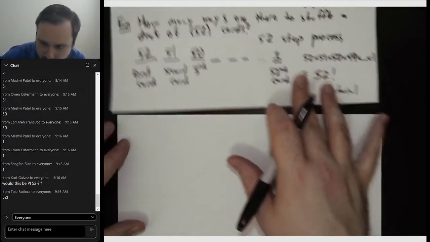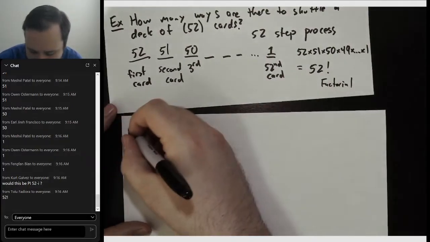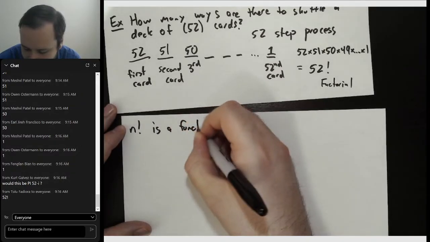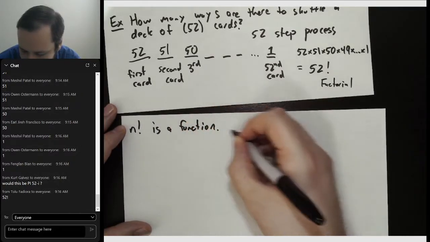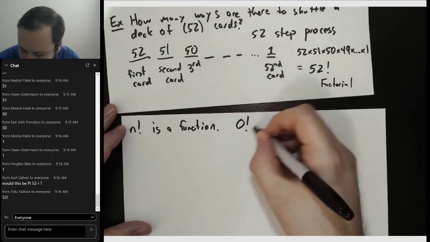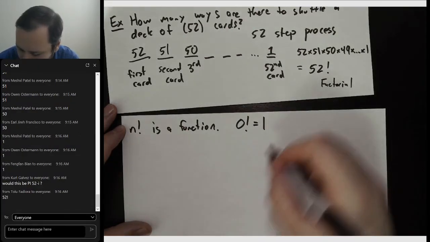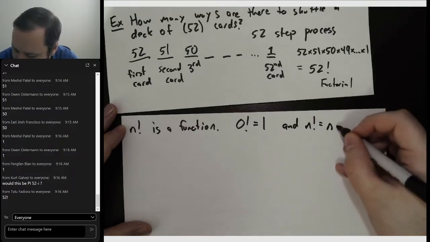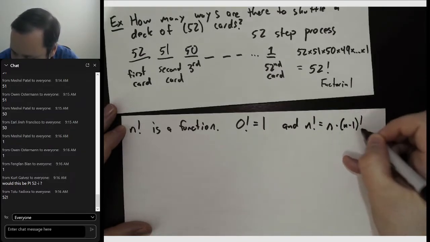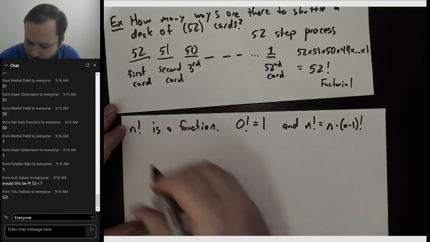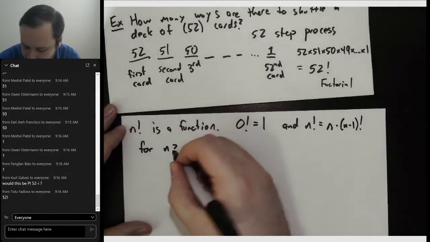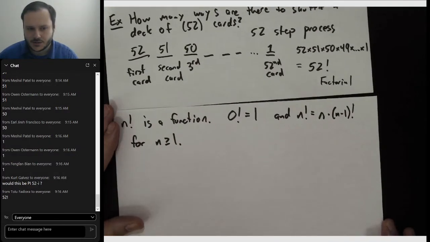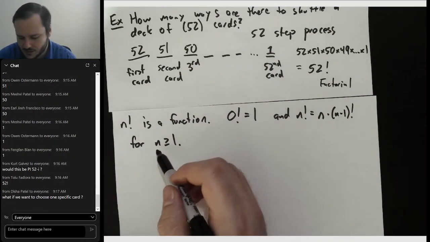We have n factorial is a function. 0 factorial is equal to 1. And n factorial is equal to n times n minus 1 factorial for n greater than or equal to 1. So this is a recursive formula.